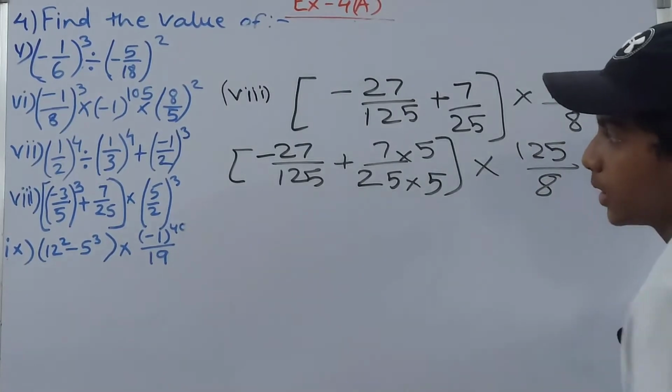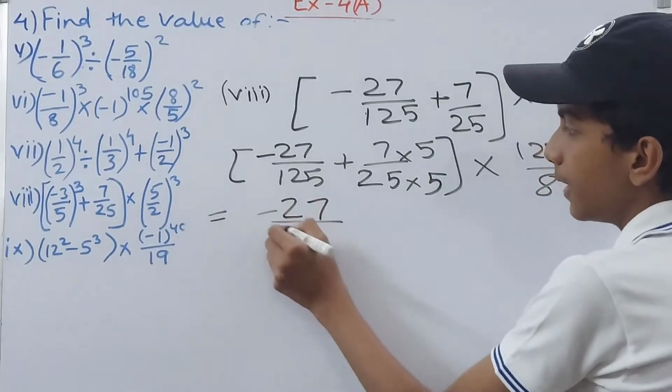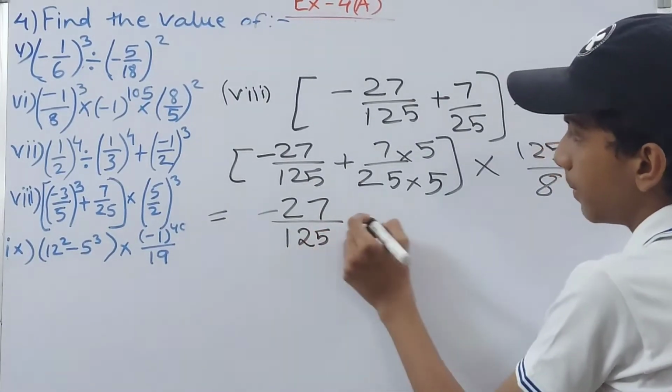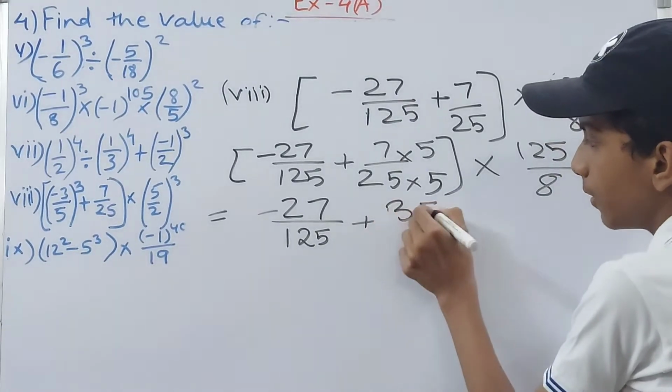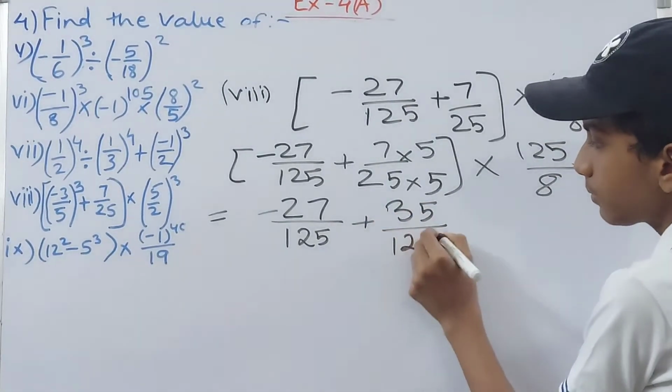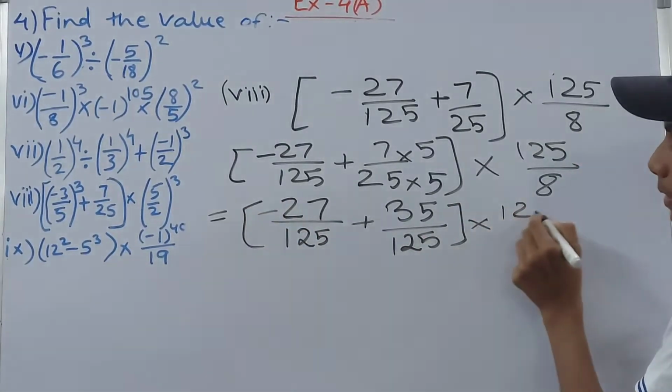So this becomes minus 27 upon 125 plus 7 into 5 is 35, so 35 upon 125 here, in brackets only, into 125 upon 8.